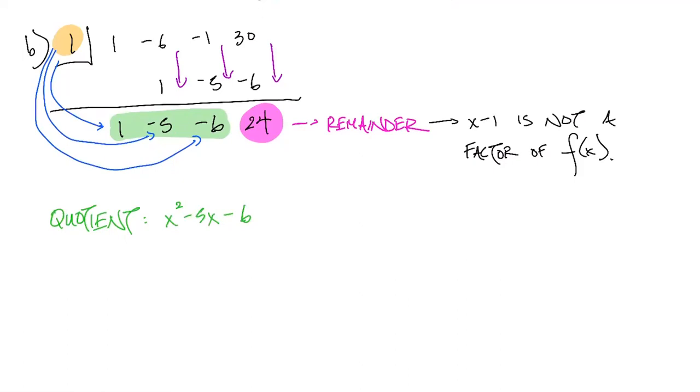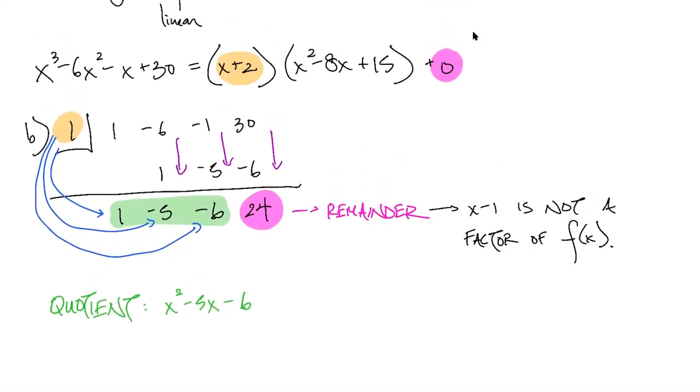All right, any questions on the process of synthetic division? So when the remainder is not 0, we don't add it to the end of the quotient, like how earlier you put plus 0 at the end. Oh, okay. So only this part right here is the quotient. Like this x squared minus 8x plus 15.